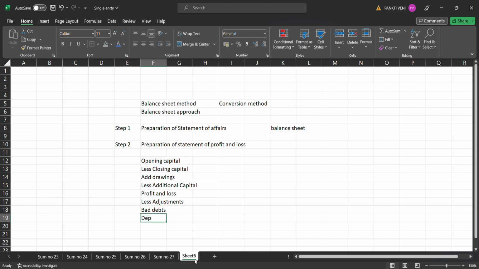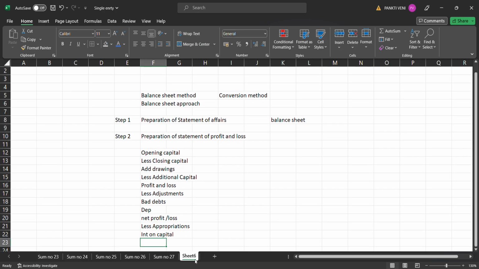If you have any such adjustments that you need to take care of, then after this you will again get your net profit or loss, less appropriations. So here you have interest on capital, interest on partners' capital, interest on partners' drawings, such type of items.